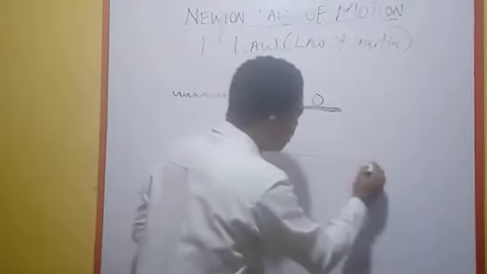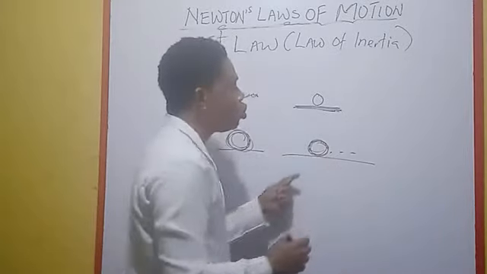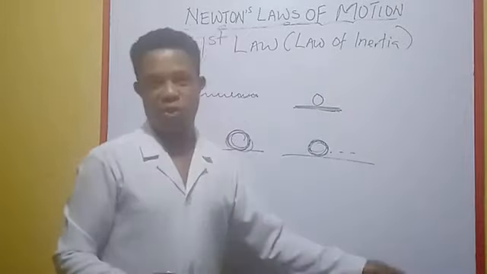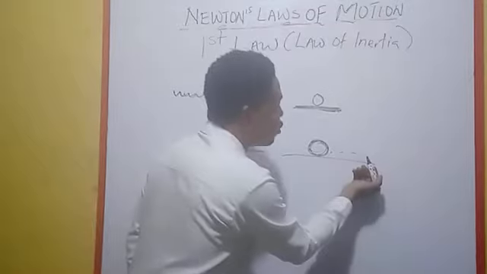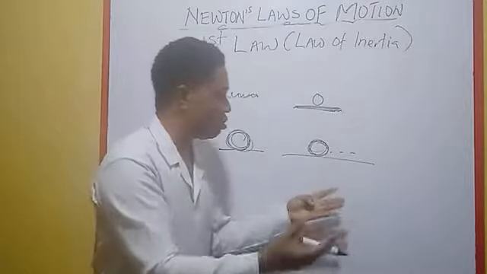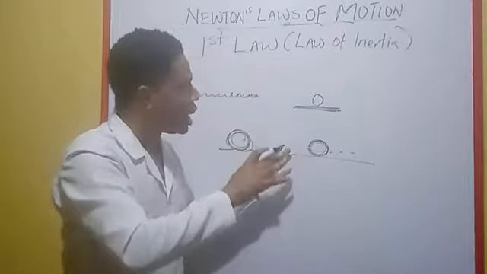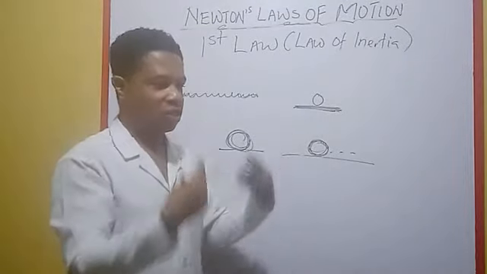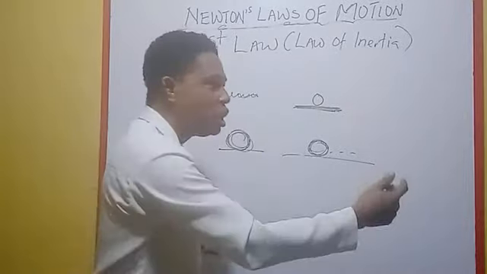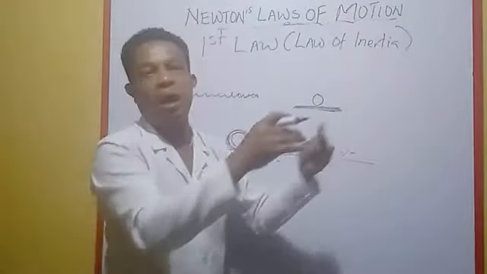Or if the object is moving, it will continue to do so uniformly in a straight line forever unless there is an external force that acts on the body, which is due to friction or some resistance. That is when this body will stop. So you see that the law has two parts: the body will remain at rest unless it's being acted upon by a force, and when the body is moving, it will continue to move forever unless there's an external force that acts on it to bring it back to rest.